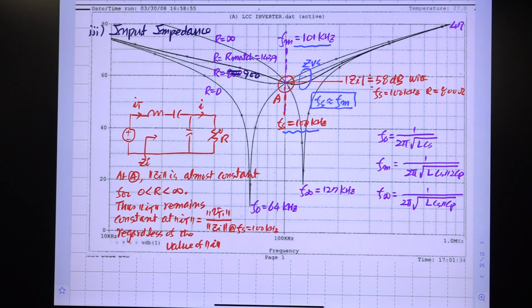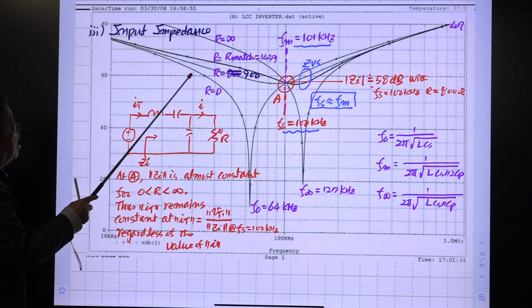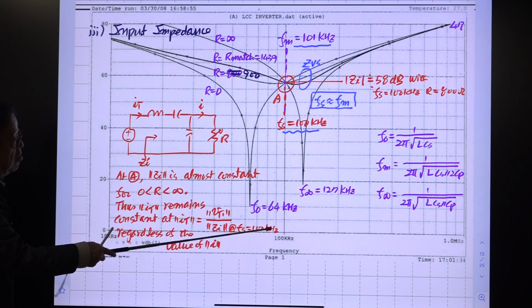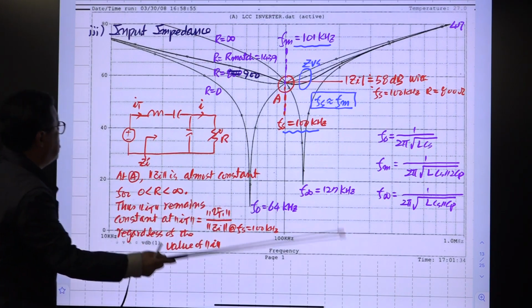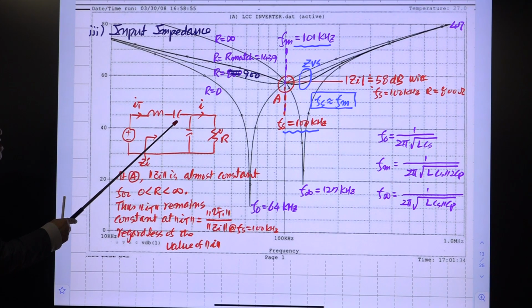So this is the input impedance for R matching the load, and the input impedance for a very large value, maybe 1 mega ohm, something like that. So it looks like this. This is GIO, and this is the resonant frequency determined by the resonance between this L and the C. This is 0. It's shorted.